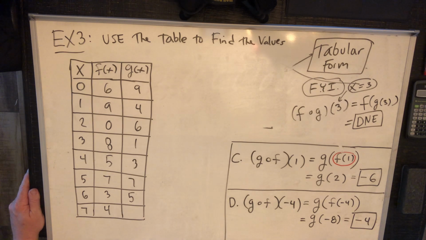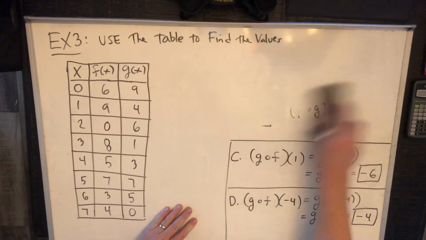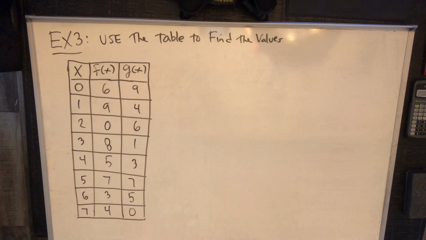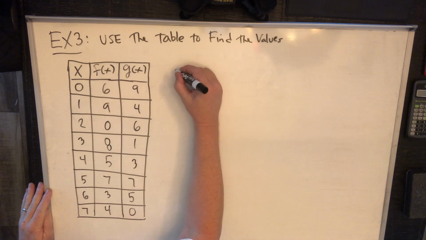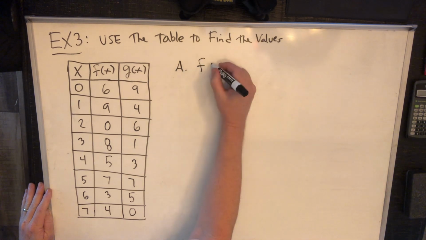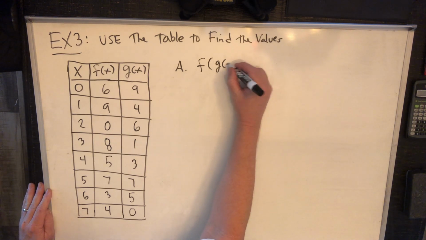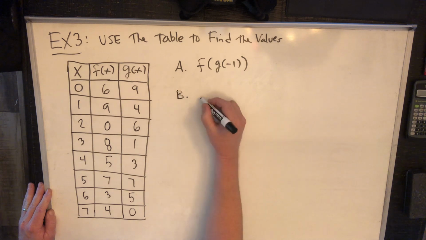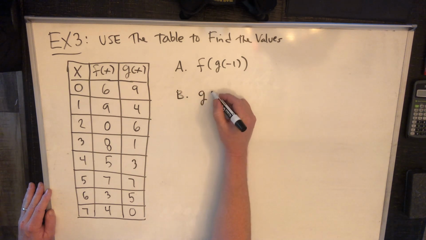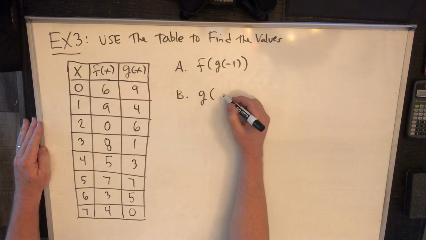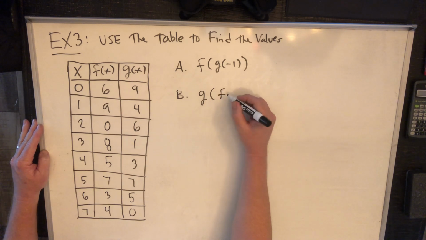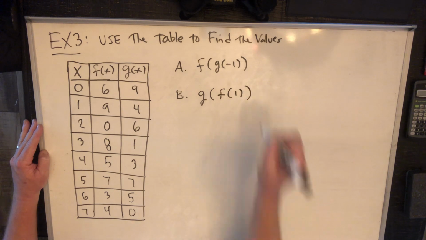Second to finish the table. And we'll do some evaluations. So A, evaluate f of g of -1. B, evaluate g of f of 1.